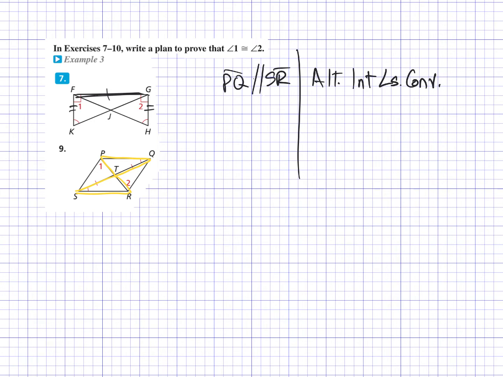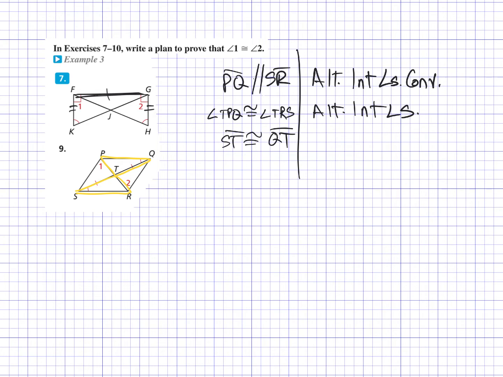So angle TPQ is congruent to angle TRS because of alternate interior angles. All right, and we also know that ST is congruent to QT.